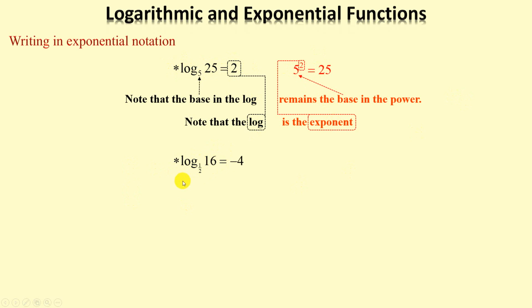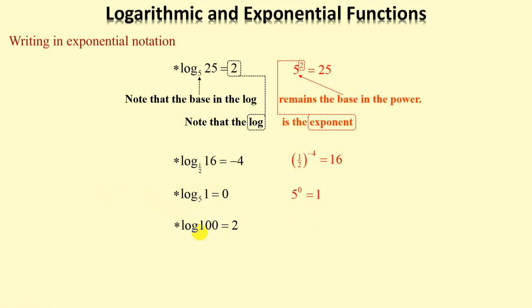So this one we do the same thing. Base to the exponent equals the number. Oh, well, what's happening here? We don't have a base.